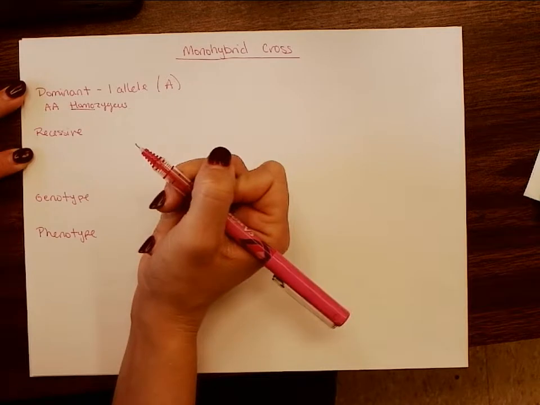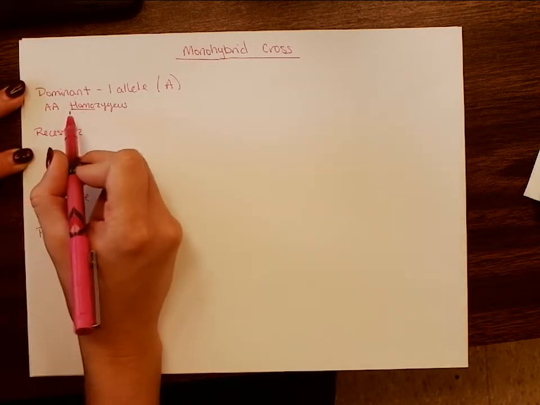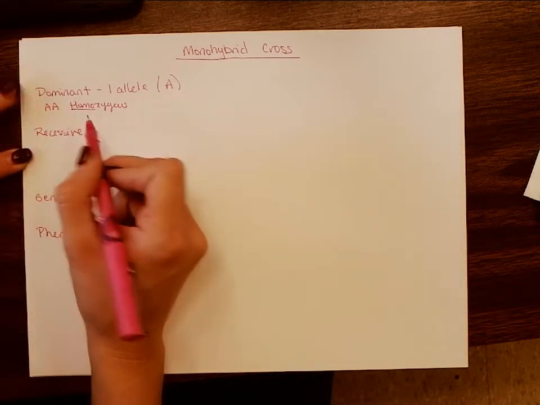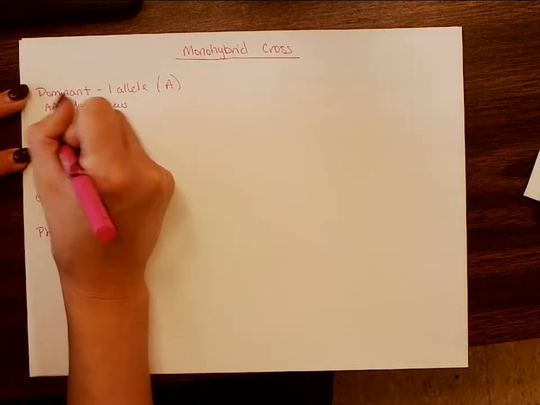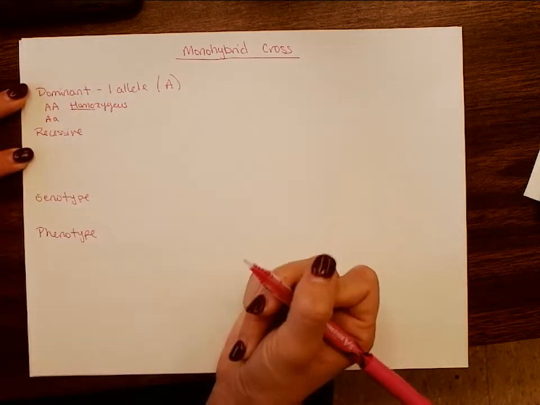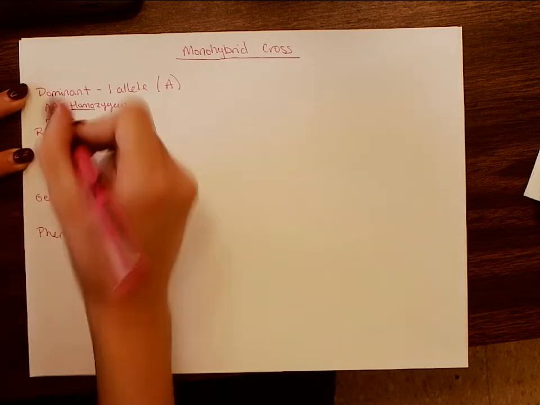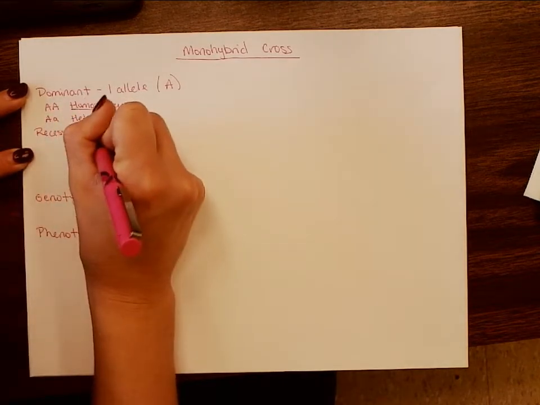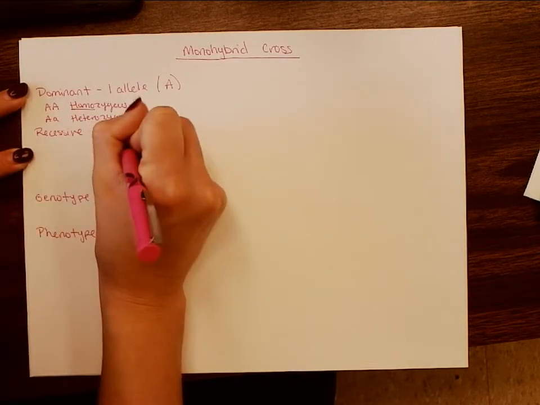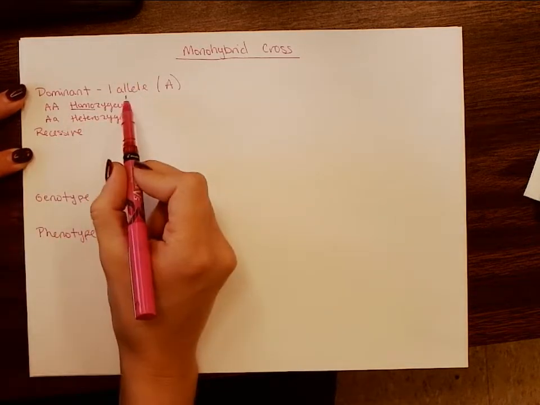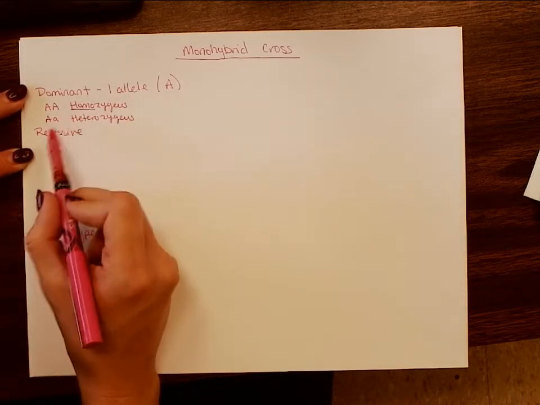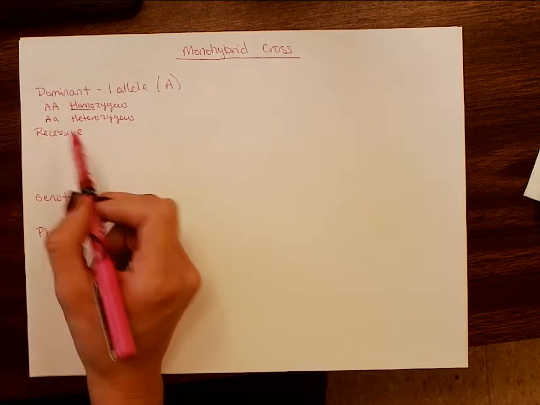And homo means the same, and that's exactly what we see. Another way that we can see the dominant trait is if we have one dominant and one recessive. Because these genes are different, we call this heterozygous. But because we only need one allele to see the dominant trait, this person will still be dominant.